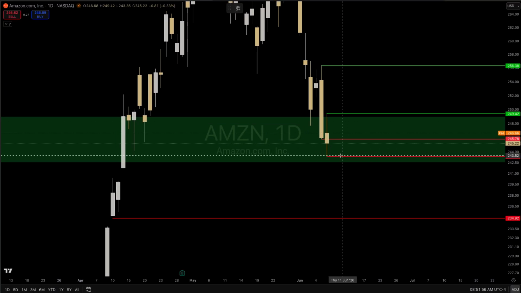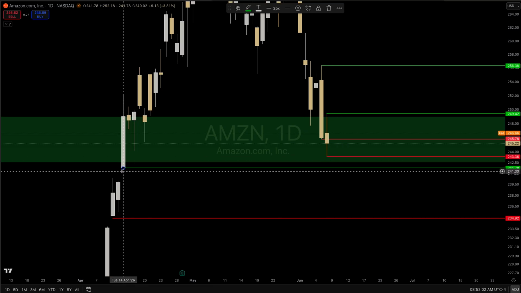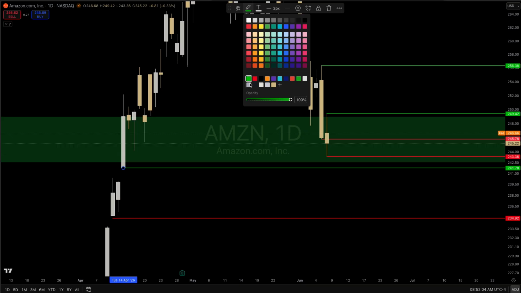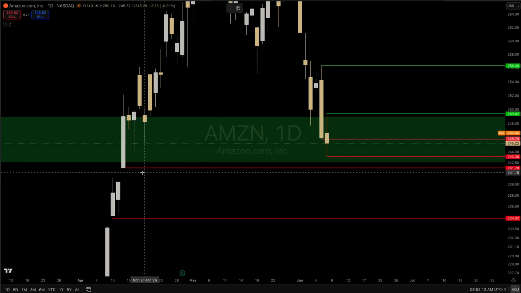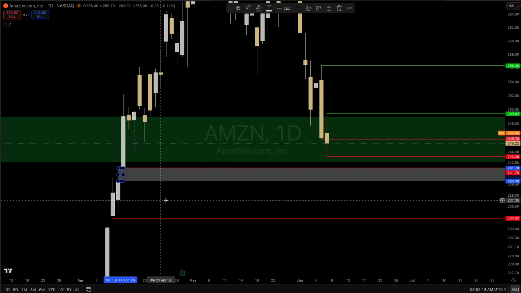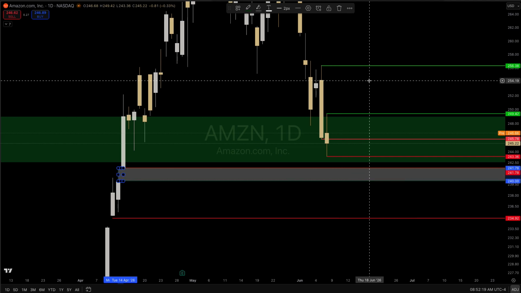If we break this Monday's low, the previous day low, then my next target would be this Tuesday 14th April low. Because we have this small gap here, so price can come back to fill the gap and then move towards the upside.